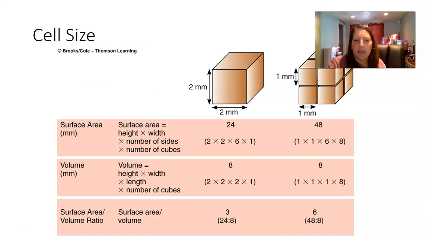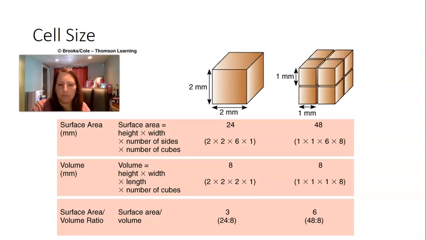Here's a nice diagram just to show you what surface area to volume ratio looks like. So let's say we had a cell that was this size, and then let's say we took that cell and broke it up into multiple cells. We have the same area here, okay? Different number of cells.